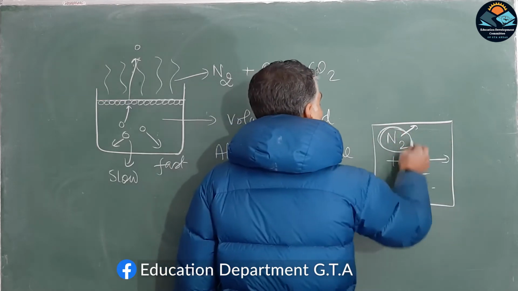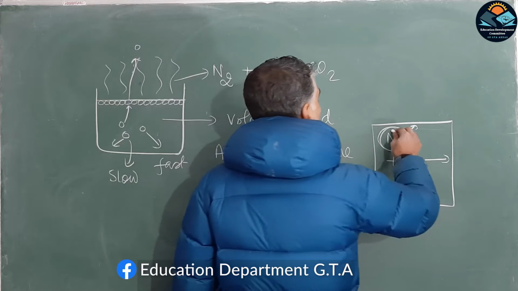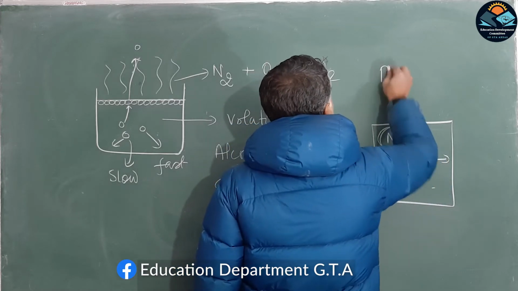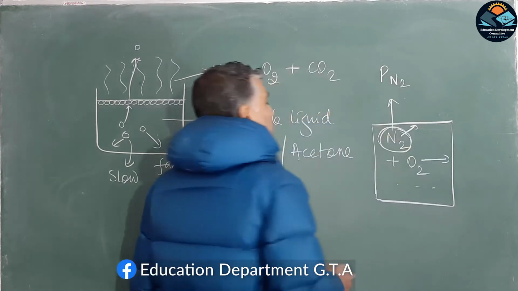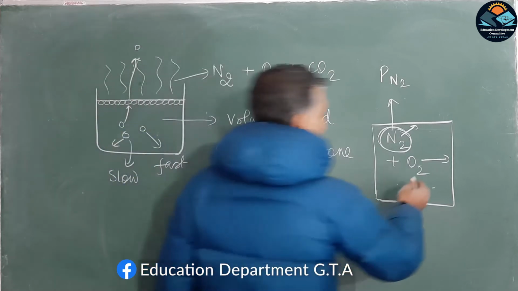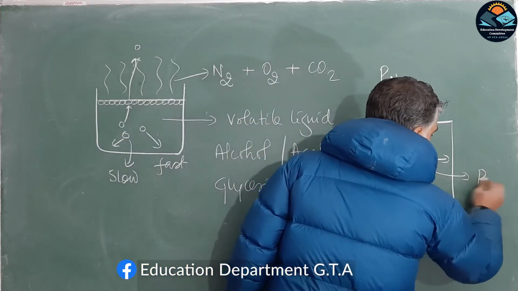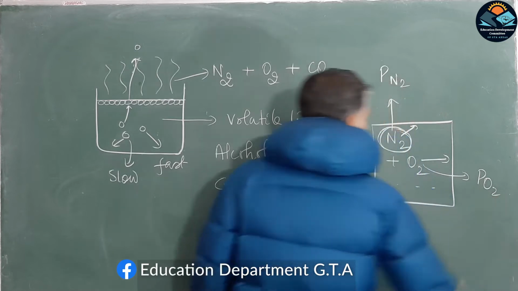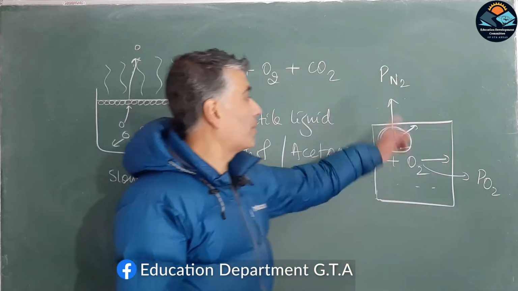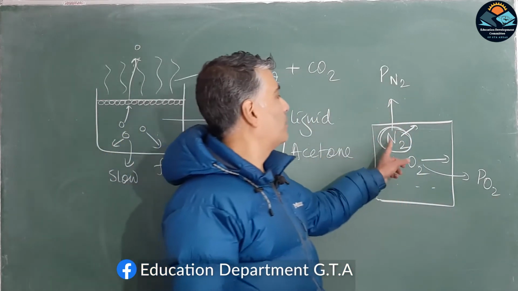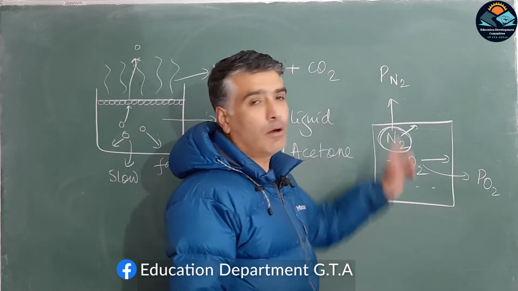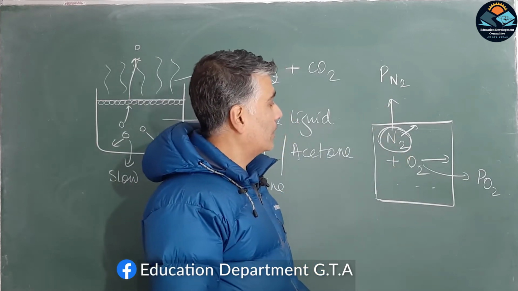Only one of them. Let's say pressure exerted by only nitrogen. We call it the partial pressure of nitrogen. Then what do you call pressure exerted by only oxygen? That's known as the partial pressure of oxygen. So what are partial pressures in a mixture of gases? The pressure exerted by only one component gas is called the partial pressure of that particular gas.